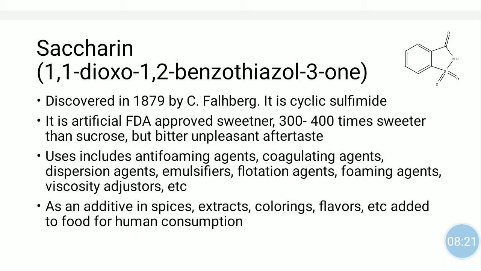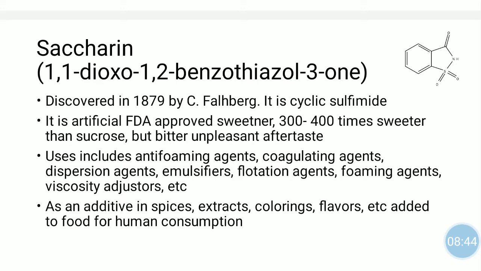That is the main aftertaste effect we get with saccharin. Its uses include anti-foaming agent, coagulating agent, dispersive agent, emulsifier, flotation agent, foaming agent, and viscosity adjuster.